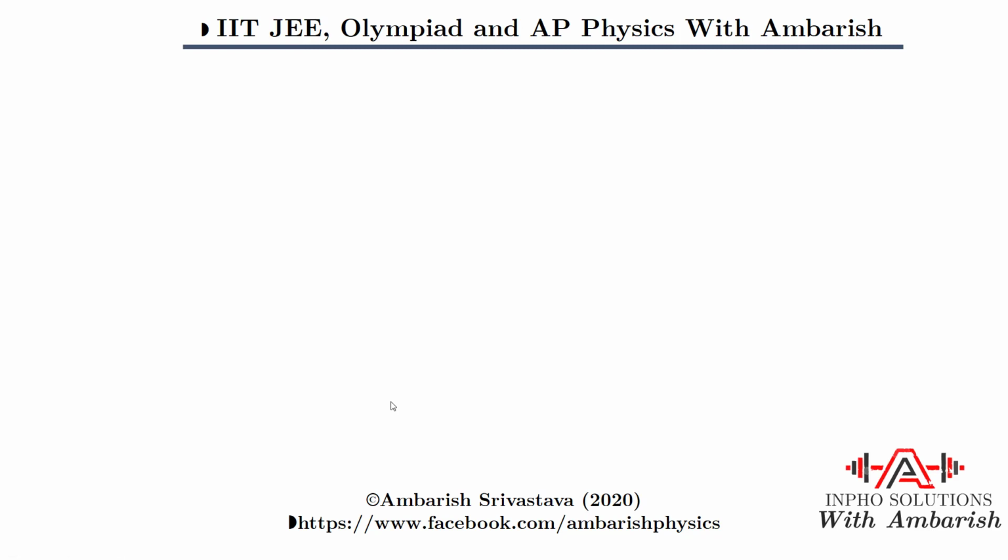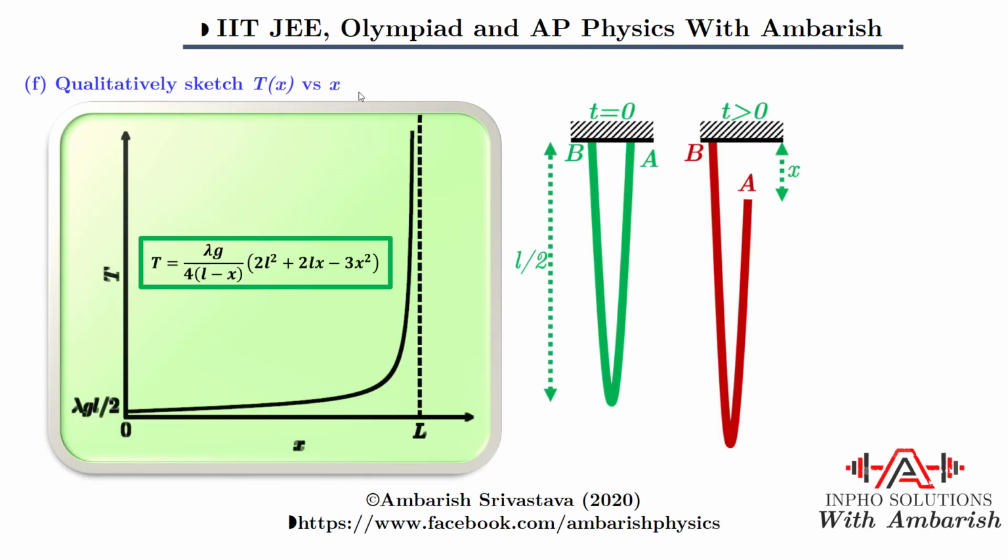Now let's look at part F. So here we are supposed to qualitatively sketch the tension as a function of x. Now once I have the equation, it's just a matter of plotting the graph. So we had this equation in the previous slide. T is equal to this, and this you can easily plot. Looking at the expression's denominator, at x equal to 0 and L, you can see that it's going to infinity.